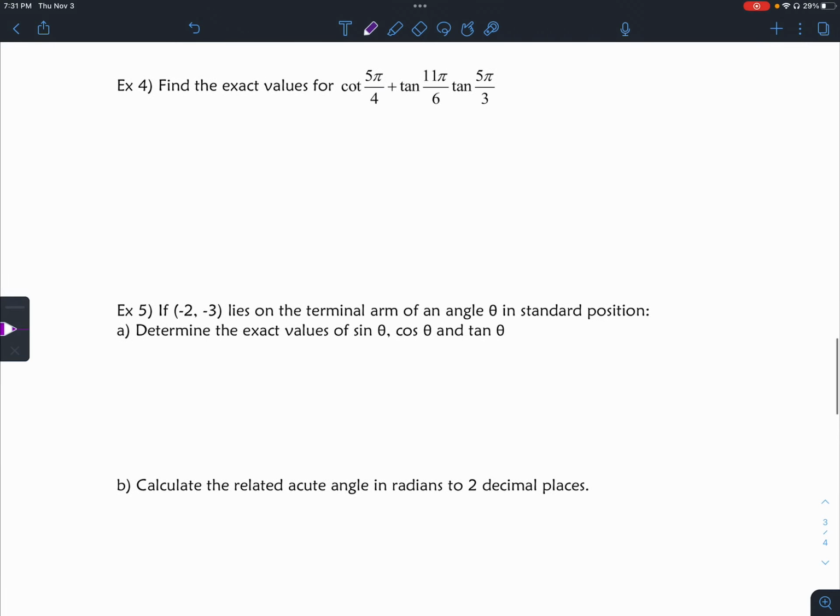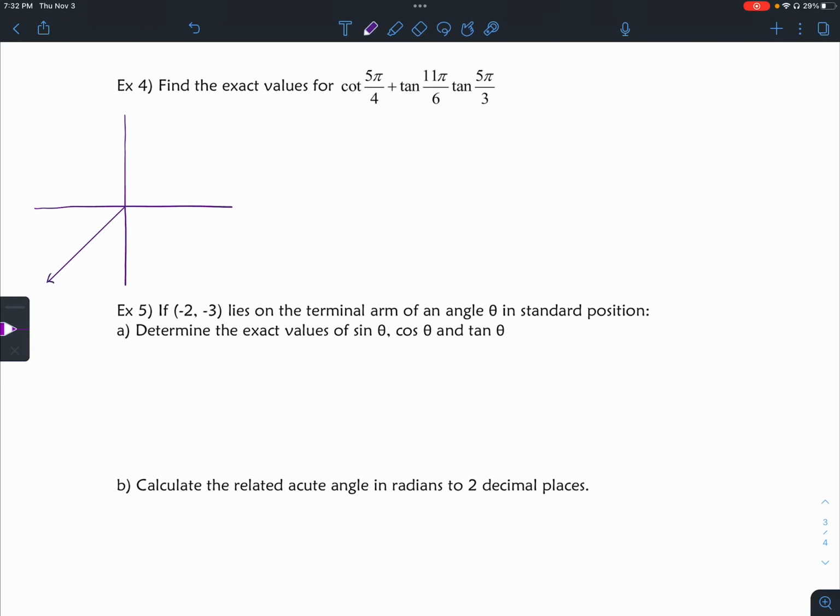All right, let's have a look at example 4. Find the exact values for cotangent 5 pi over 4 plus tangent 11 pi over 6 multiplied by tangent of 5 pi over 3. Okay, so it's a good idea to draw these out. So 5 pi over 4, you might remember that 5 pi over 4 is here.